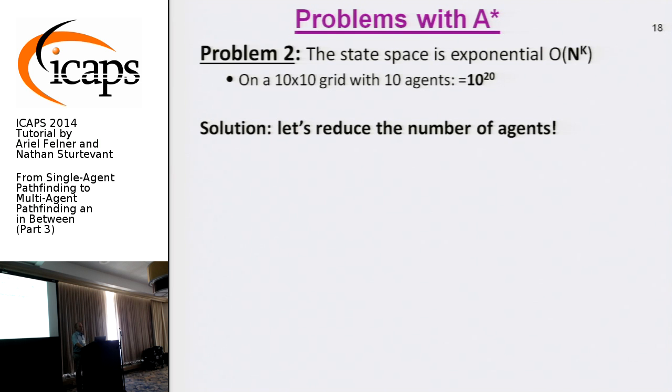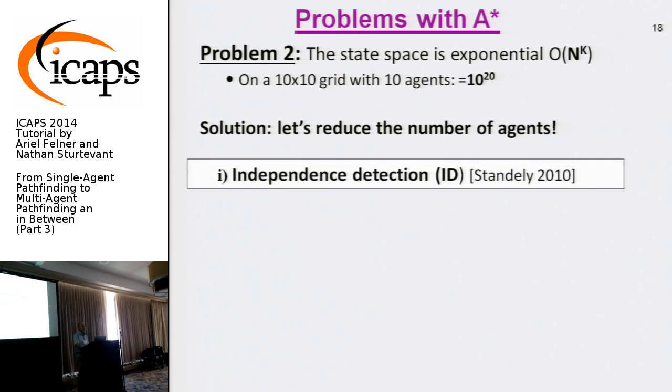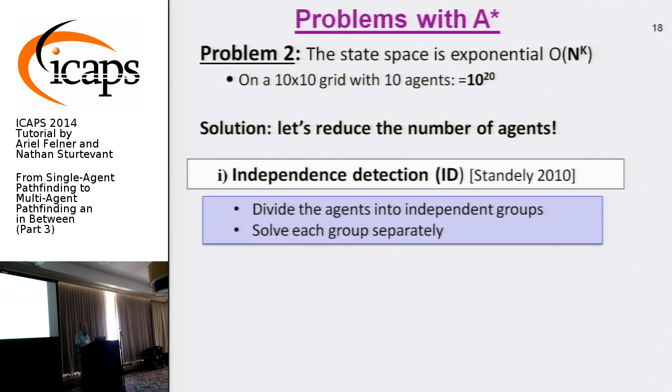Another problem is that the state space is exponential in the number of agents. Okay, let's reduce the number of agents. How can we do it? Let's do independence detection. Now, we divide the agents into independent groups, which means there are no conflicts between two different groups, and solve each group separately. This is a very smart enhancement when possible. Of course, the problem is how do I find these independent groups?